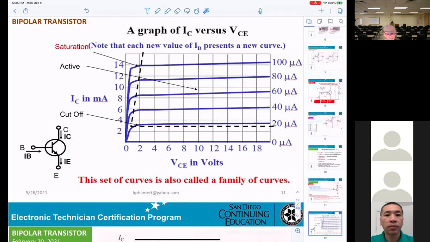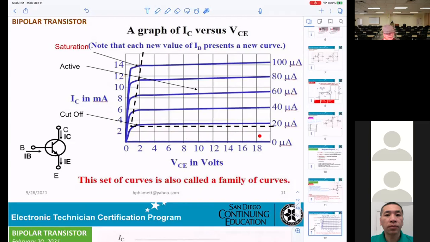They want it amplified, or they want it designed for logic circuitry. Then they have to know the current IB, VCE, and IC. So in this graph here, the first region right here will be cutoff.